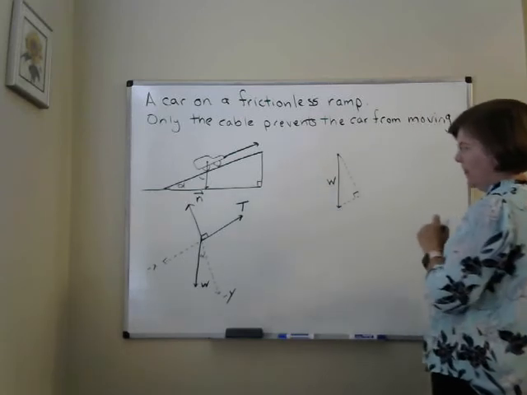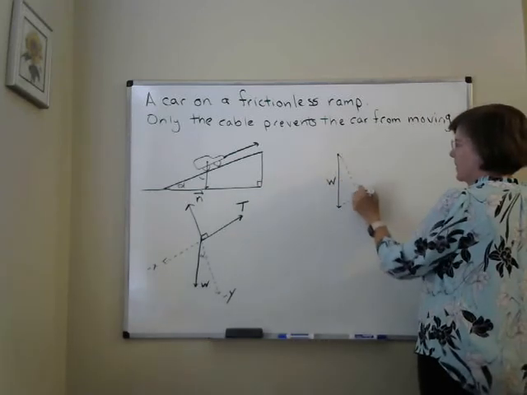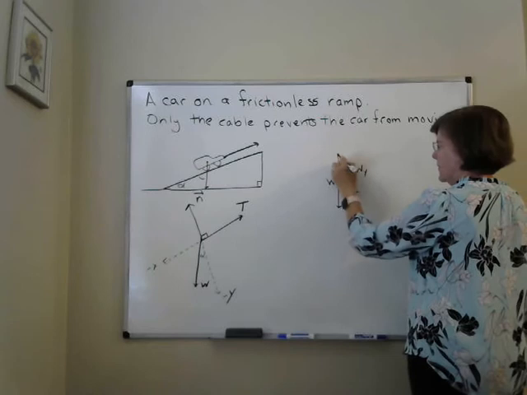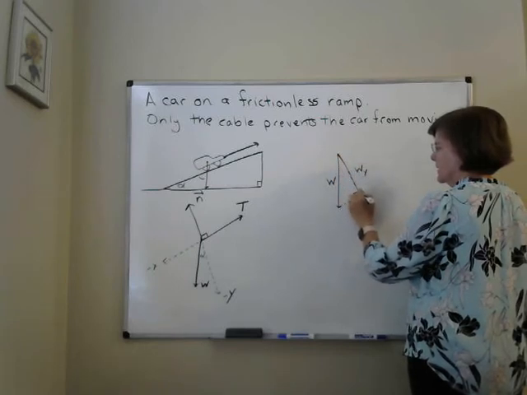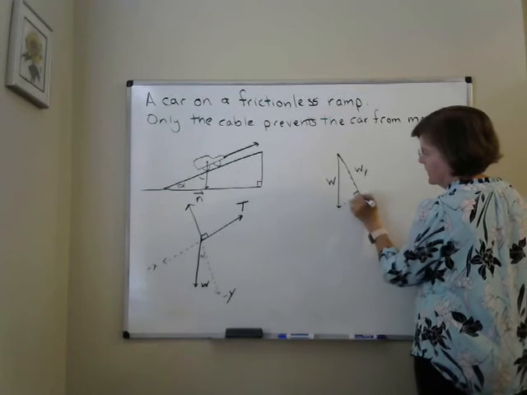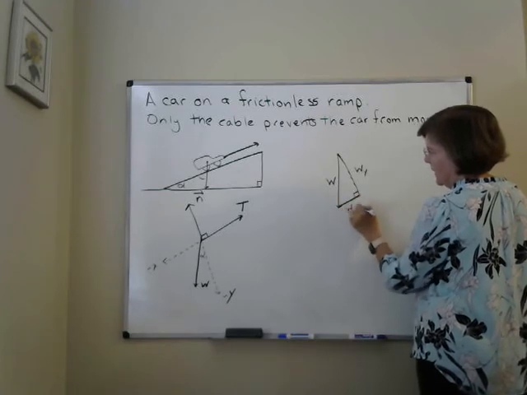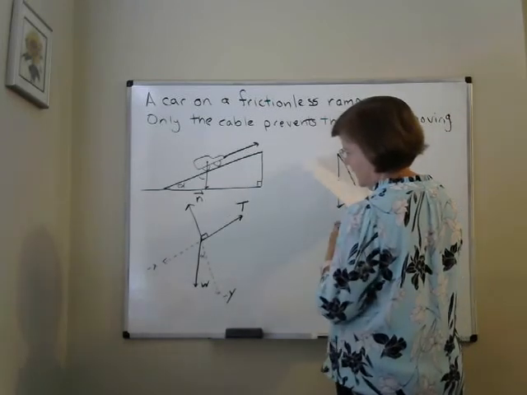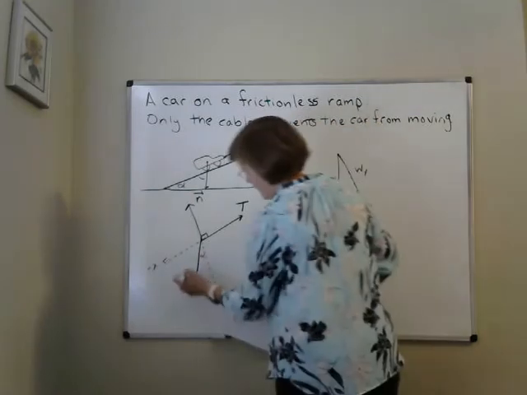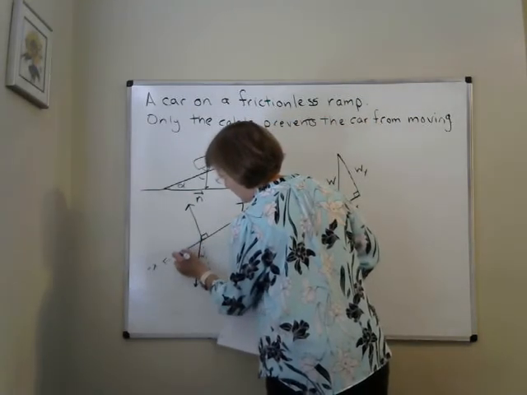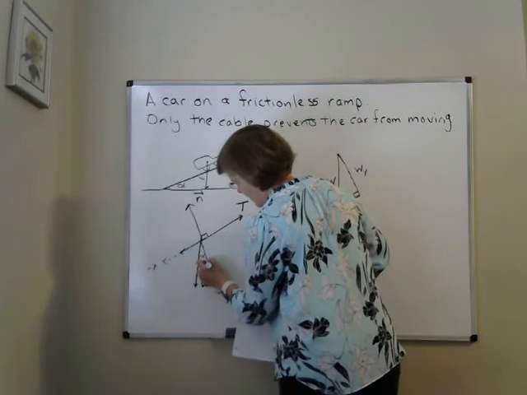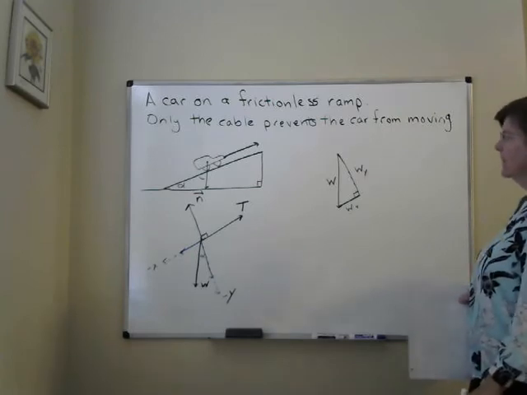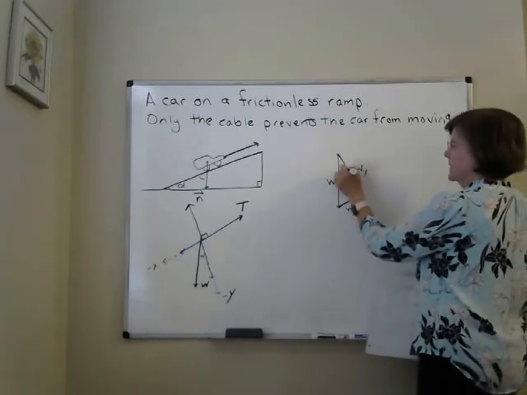There's W. This side of that right triangle is WY, because that's on the y-axis. And it also has a component that points this way. That's WX. If I drew them on the actual picture, this vector goes in the x direction that far, and it goes in the y direction this far. But it makes that right angle. This is alpha.